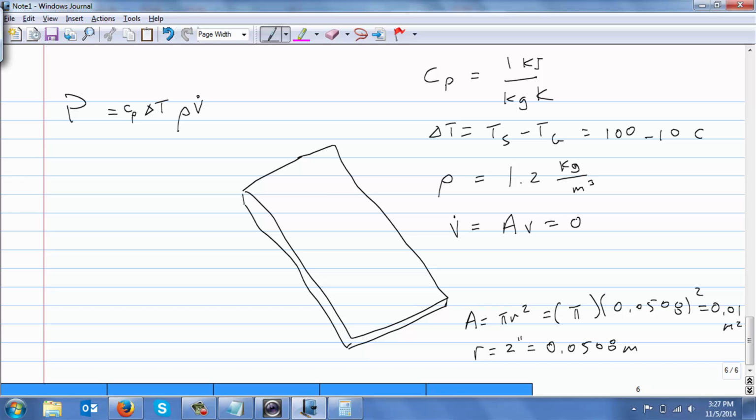Okay, so 0.01 meters squared. Now we need a velocity going through this thing. Just imagine sticking your hand in front of the system. It's going to be somewhere between 1 and 2 meters per second. Imagine the chunk of air coming out of the system into the room.